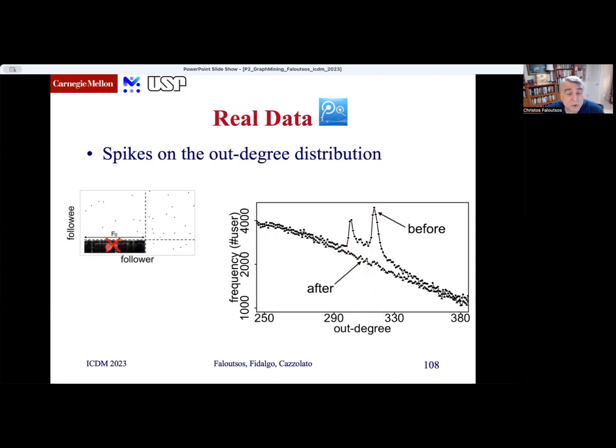When we deleted these edges between the suspicious followers and the suspicious followees, idols, these spikes disappeared, which means that they were organized. Somebody was paying or bribing or helping these people, forcing all these people to follow all these people.